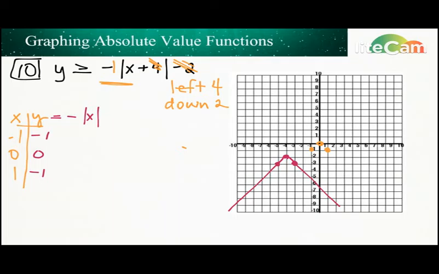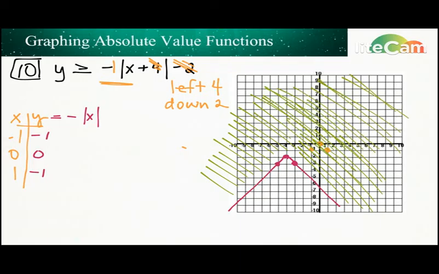This graph is a greater than, which means I shade on the top. So on the top of a graph that has been reflected across the x-axis, meaning that it's upside down, on the top means that I shade above the graph.